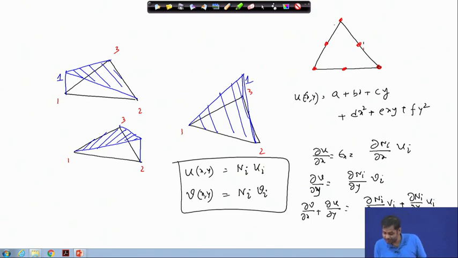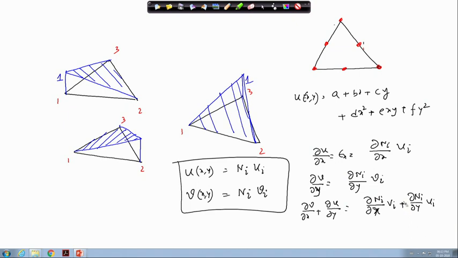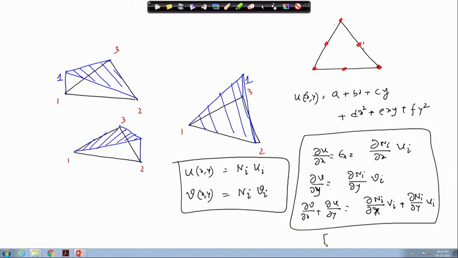So this gives us the strain displacement relation. You see, once you have the strain displacement relation, from this expression we get the expression for B.